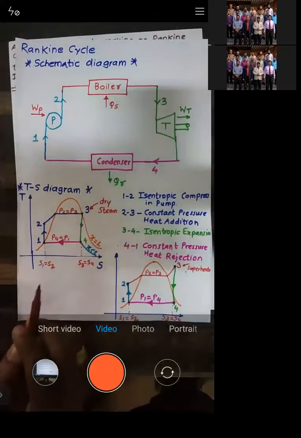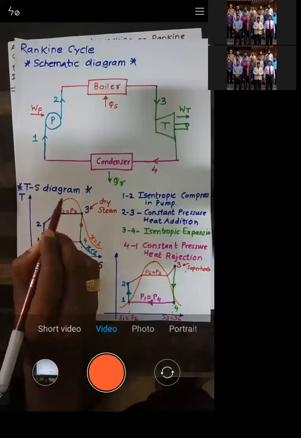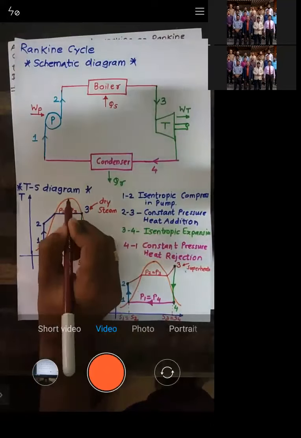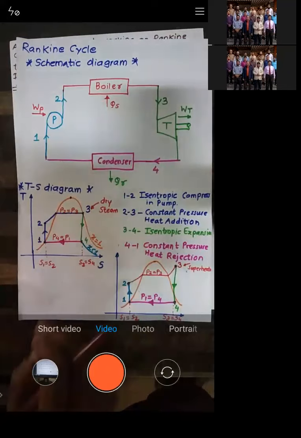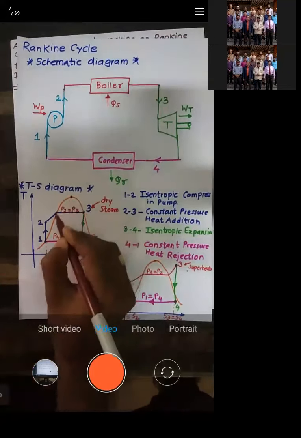If you see point number 3 in this diagram, it is lying on this saturated vapor line. The right hand part of the curve is called the saturated vapor line, and the left hand side of the curve is called the saturated liquid line.